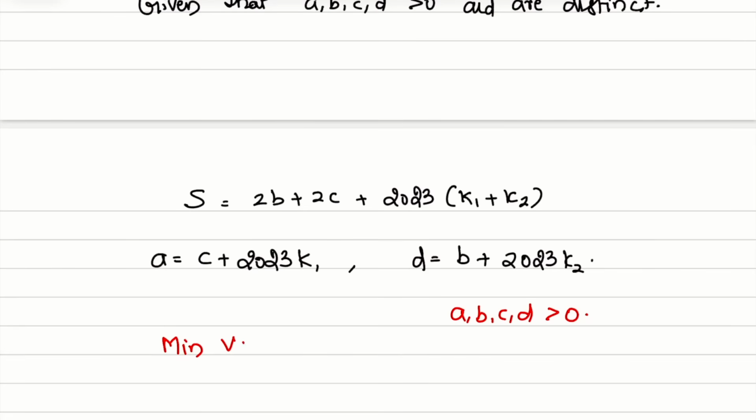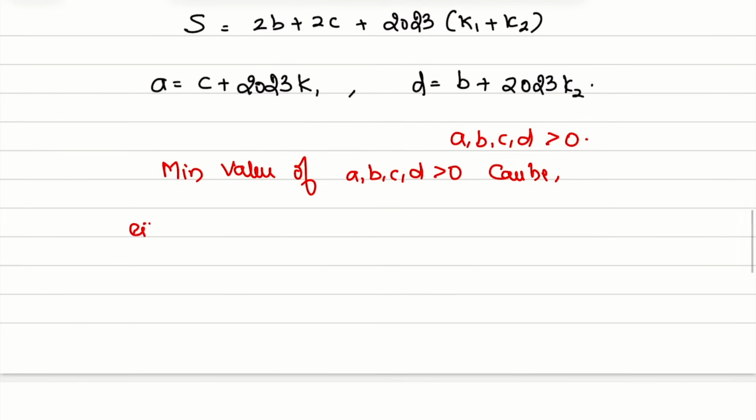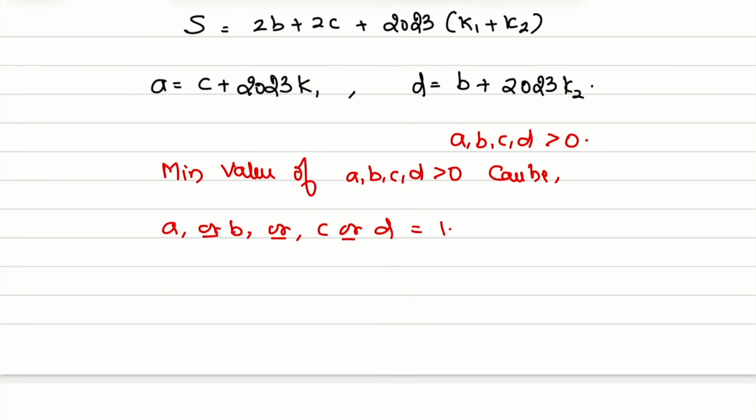The minimum value of A, B, C, D greater than 0 can be such that either A or B or C or D should be equal to 1. That is the minimum value. We will see whether we get the other conditions satisfied or not. Let's apply either A or B or C or D is equal to 1.